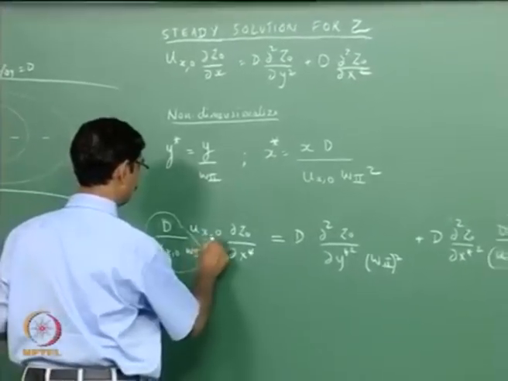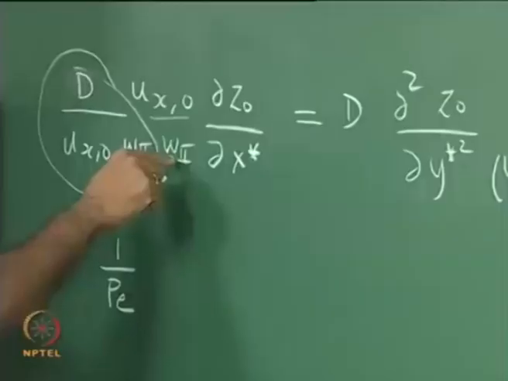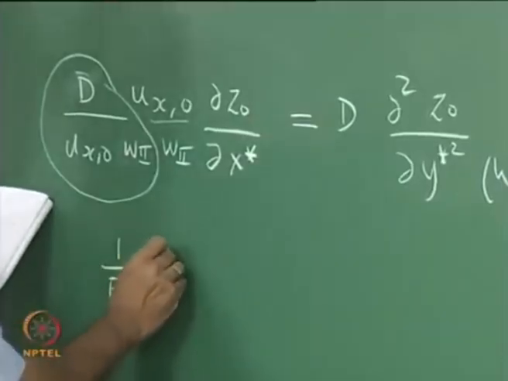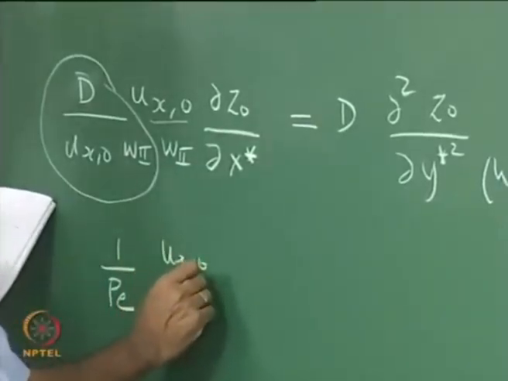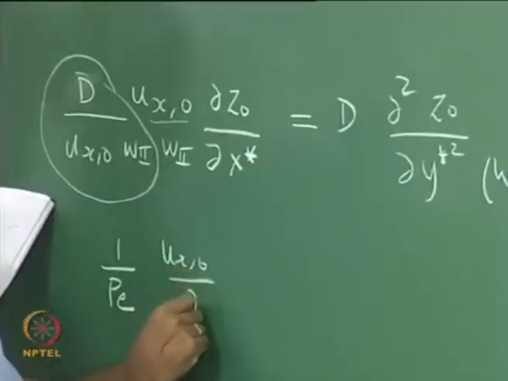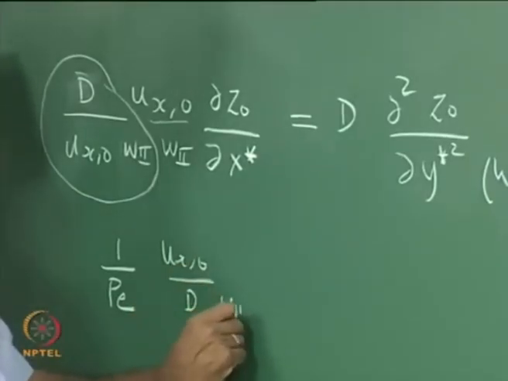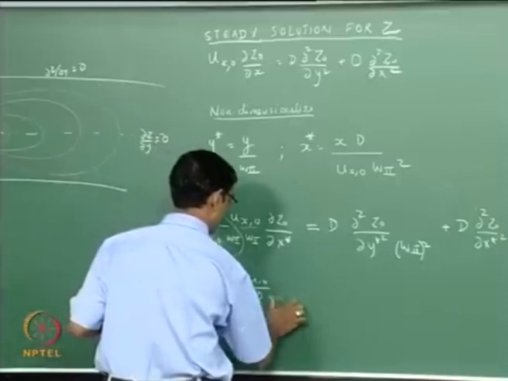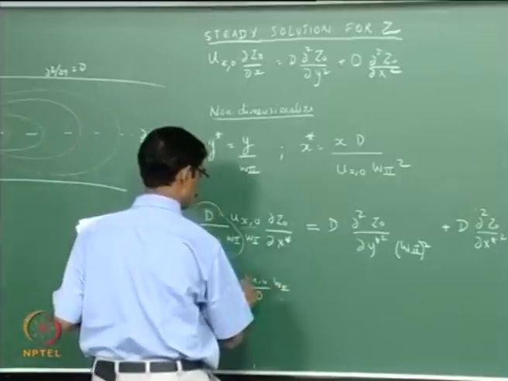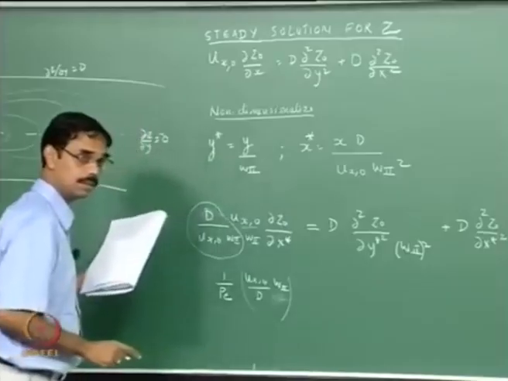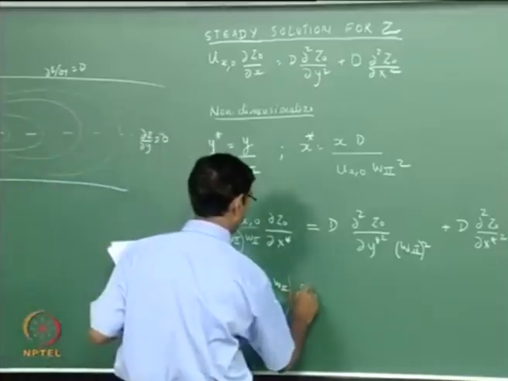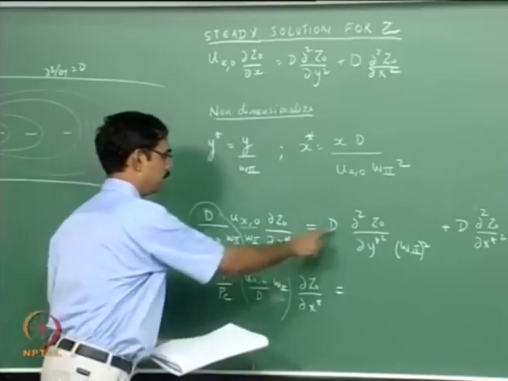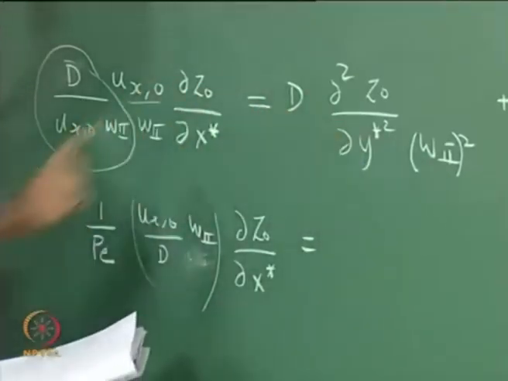We are left with a u and a W2, so I divide throughout by D. There is a W2 here, I multiplied throughout by W2 squared. So this will come to the top. This is also like the Peclet number, right? So I have divided by D and multiplied by W2.